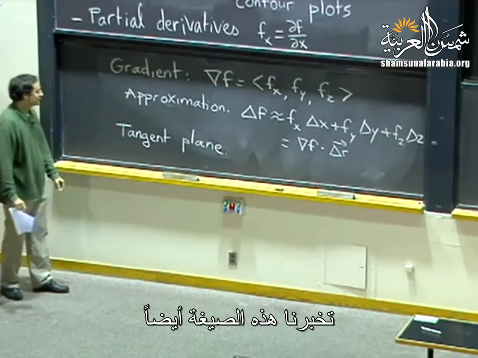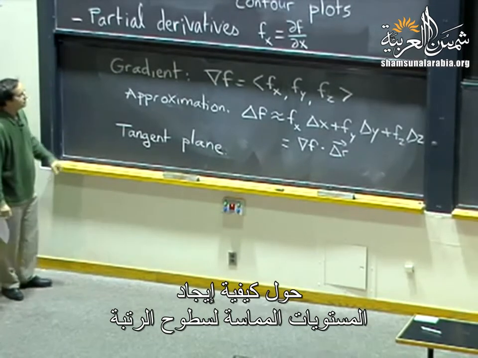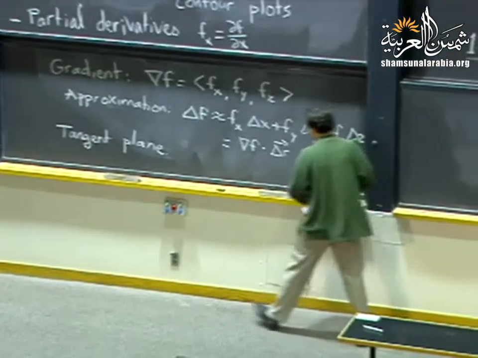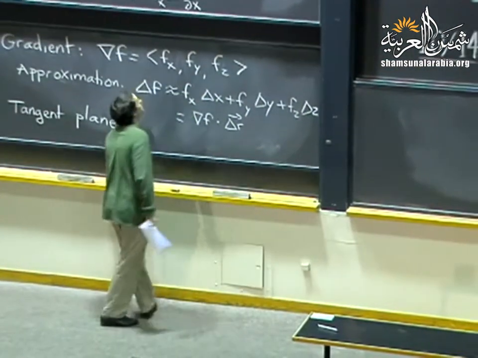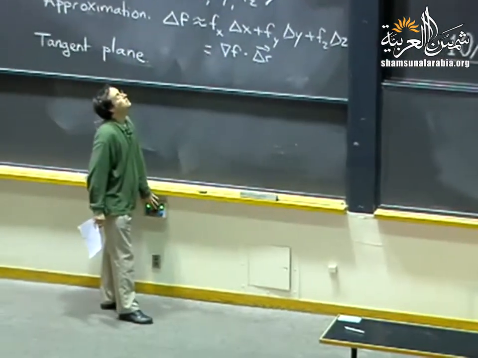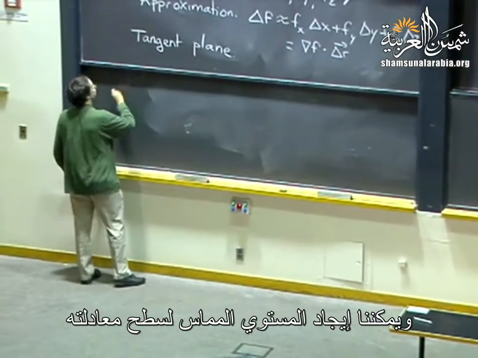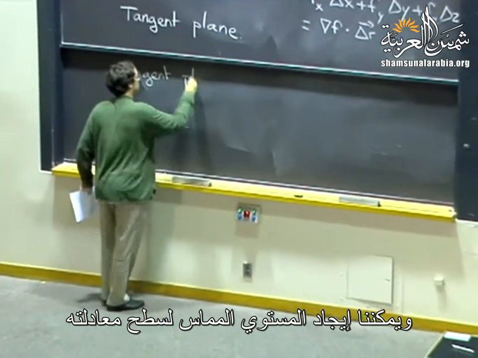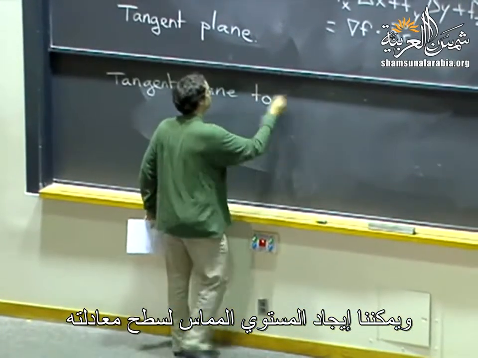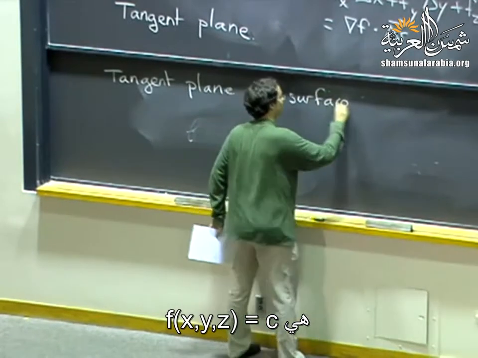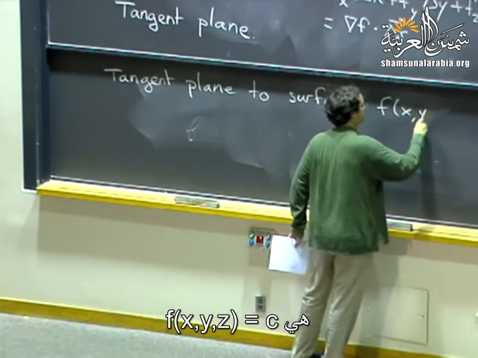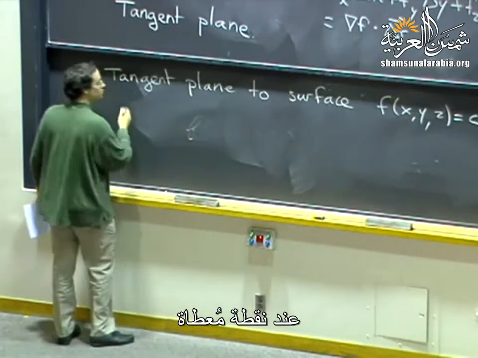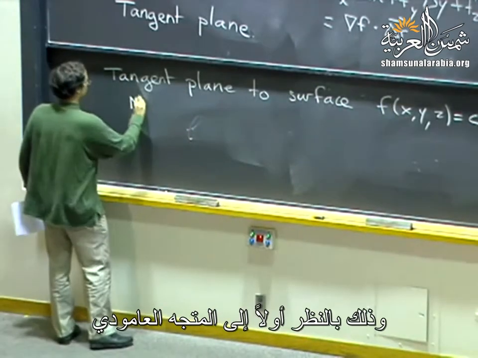That also tells us how to find tangent planes to level surfaces. Recall that the tangent plane to a surface given by the equation f of x, y, z equals c at a given point can be found by looking first for its normal vector.